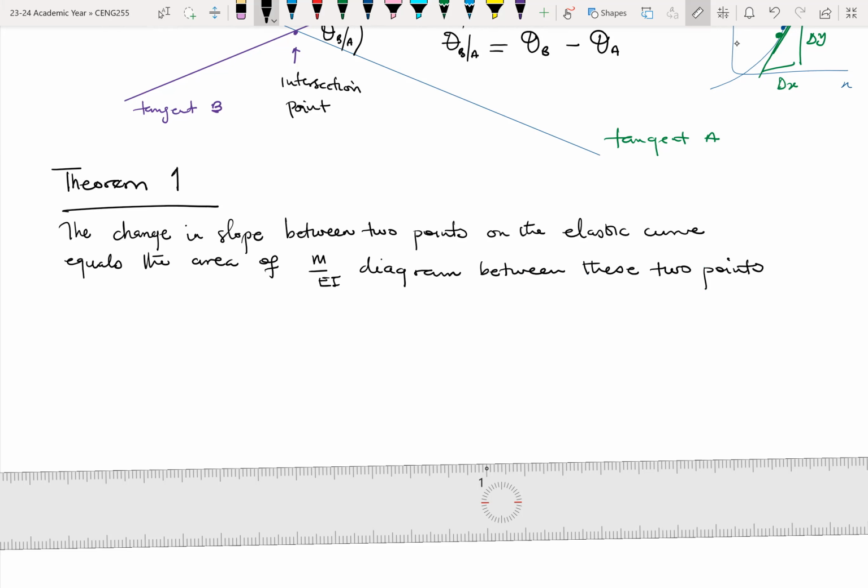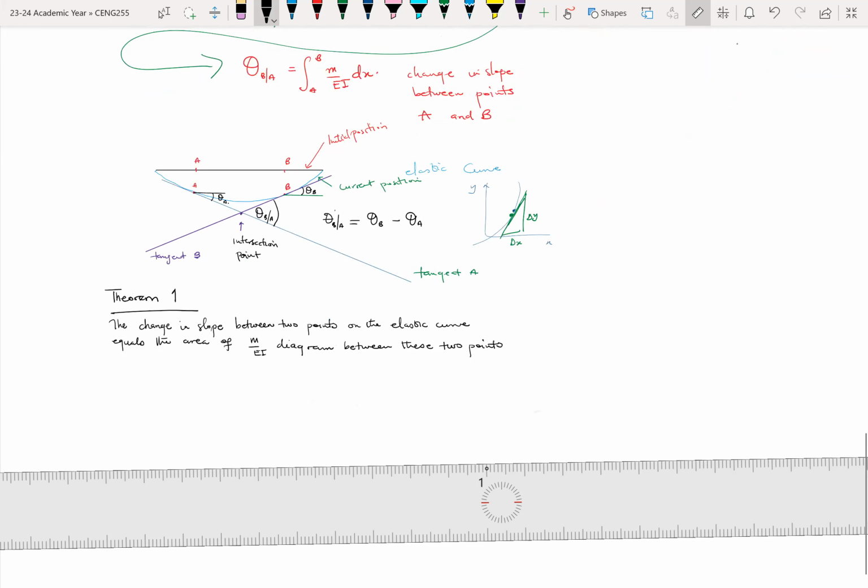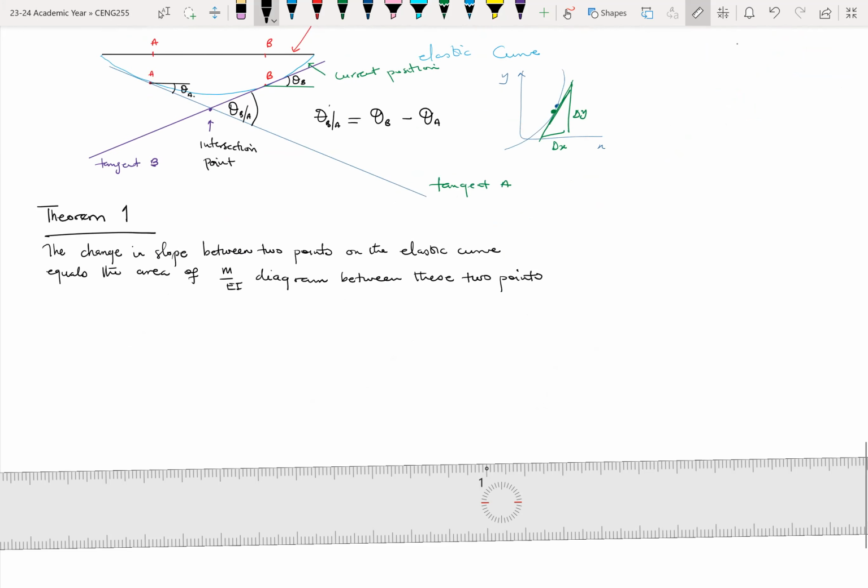So this is the first theorem for finding slopes. And this again comes back to, if my two points are B and A, then theta BA, the change in slope between B and A, is equal to the area of the M over EI diagram.